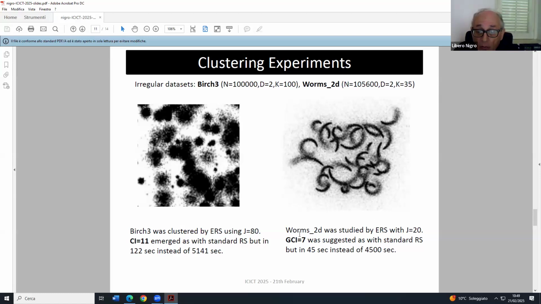Similarly, in the case of worms 2D, we make an error of 7 partitions over 35, and this is the best value in the literature. In the literature, it was also greater than 7, and we achieve this value with respect to standard random swap in very, very little time.